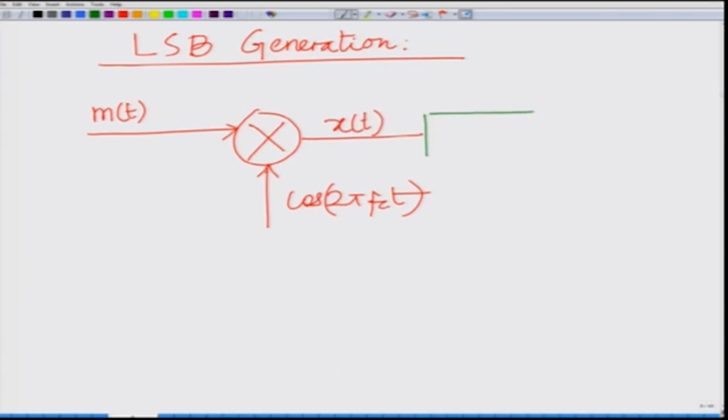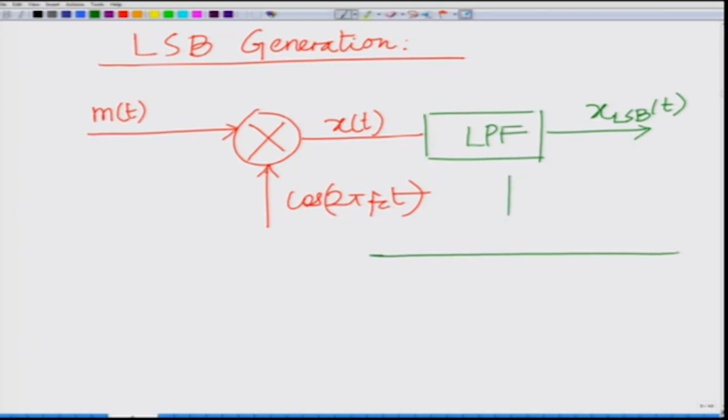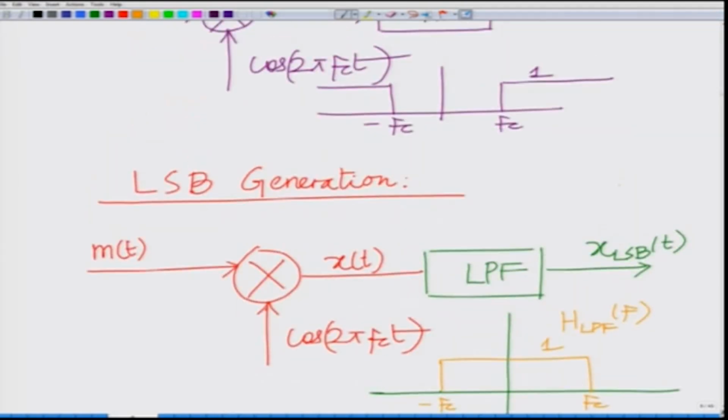Now, at this point, pass it through your low pass filter and out comes the LSB, the lower sideband modulated signal. And again it is not difficult to see that the low pass filter has a frequency response that is unity, this is your H_LPF and this is the spectrum of the high pass filter.